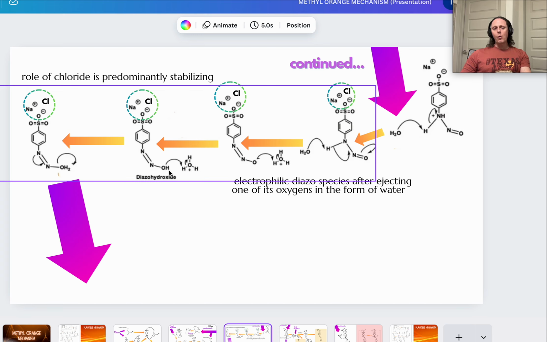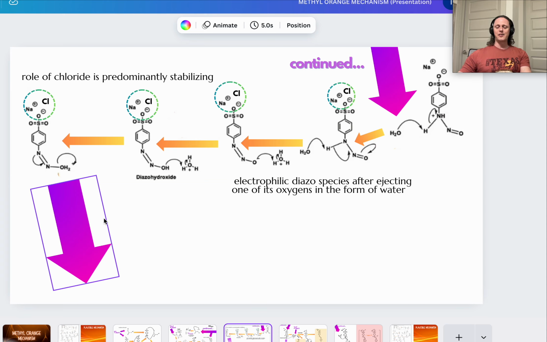And the reason why, it's not just because of the acidity of the hydronium ion, it also is because of the fact that water will become a leaving group when a triple bond forms between the diazonium group here, which is the two nitrogens. And that is why, yet again, we have a very thermodynamically favored byproduct that's going to participate as a hydronium ion as the reaction goes on.